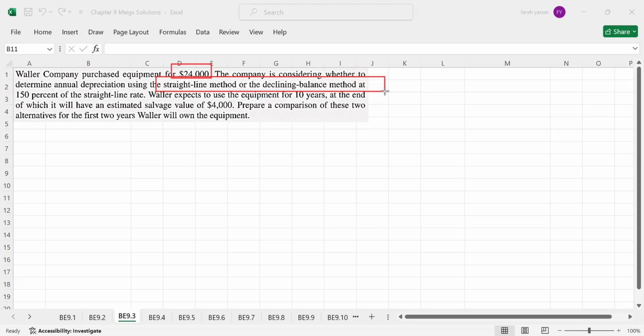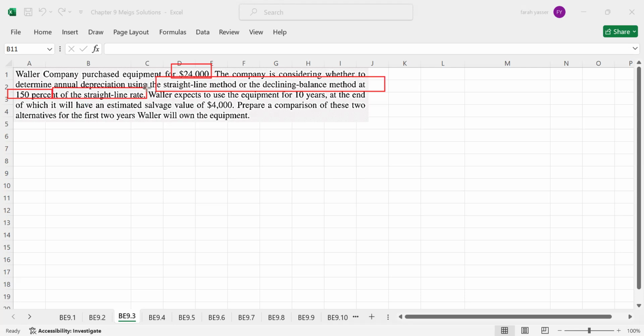This means the company is considering both methods, and has to decide which is better, the straight line method or the declining balance method at the rate of 150% of the straight line rate.